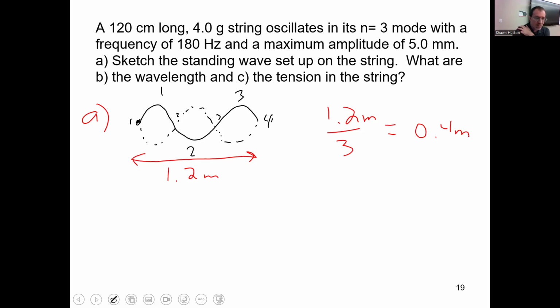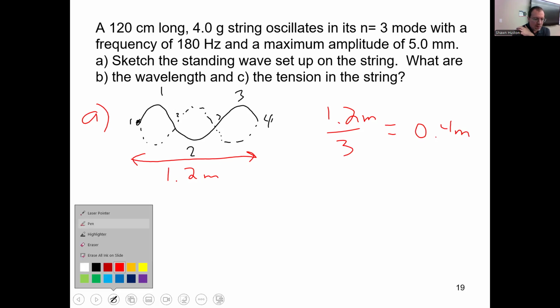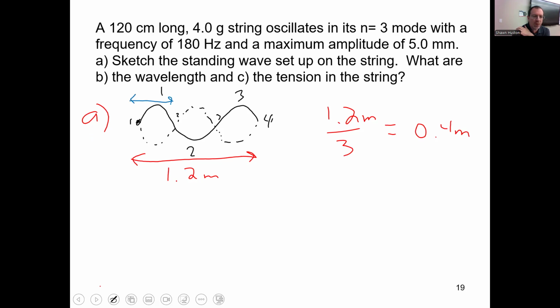Let's start to think about things a little bit here. We've got 0.4 meters there, 0.4 meters there, and 0.4 meters here. And then if we look at a full cycle, which would be right there, we've got a full sine wave there.